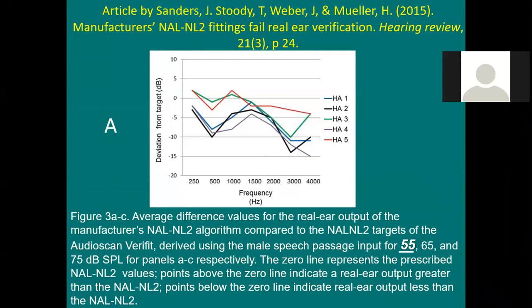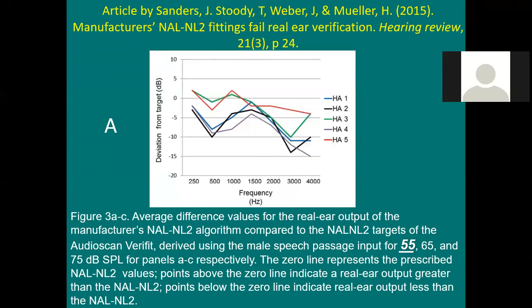I thought that manufacturers' fitting software had to use the original fitting methods, and they don't. They buy the rights to the titles, and then they taint the waters, each in their own way. And usually they roll off the highs. Even with their versions of NAL 2, they roll off the highs.